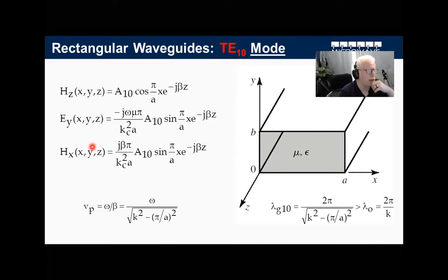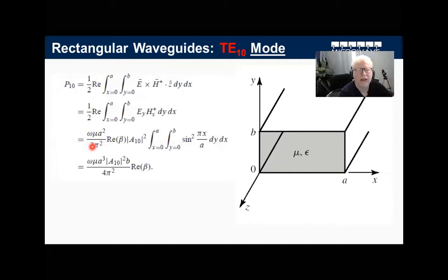After that, we calculated, of course, the phase velocity and the wavelengths, and also the power. If you remember, the power is the real part of E cross H complex conjugate, with this half indicating the square of 1 over root 2 due to the root mean square values. We call it the P10 power because this is the propagating power for the 10 mode.